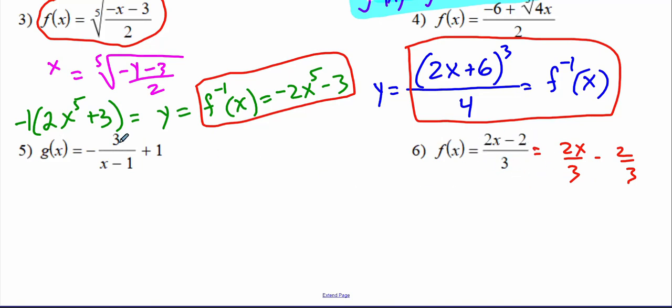All right, this one's a little bit more challenging, because you have x in the denominator of this function, and it's not just simple x; it's x minus 1. So how do I start? Again, we're going to rename this into a y and switch their positions right away.